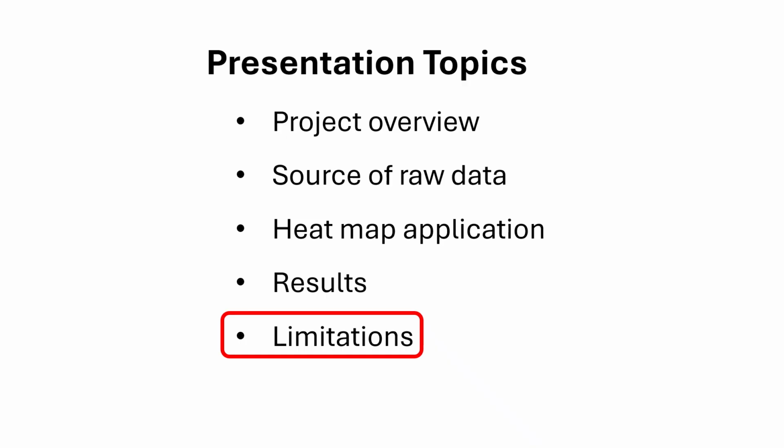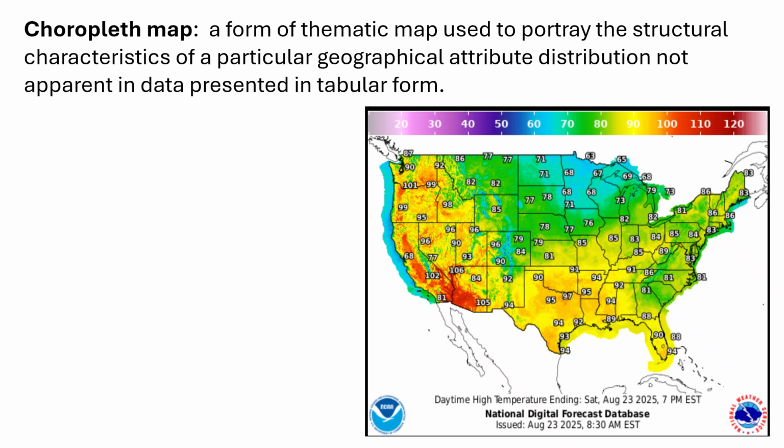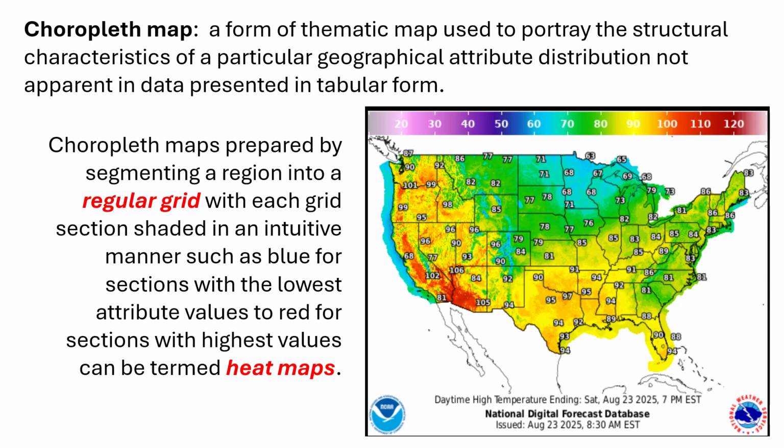Starting with a brief overview, a choropleth map is a form of thematic map used to portray the structural characteristics of a particular geographical attribute distribution not apparent in data presented in tabular form. A choropleth map prepared by segmenting a region into a regular grid with each grid section shaded in an intuitive manner can be termed a heat map.